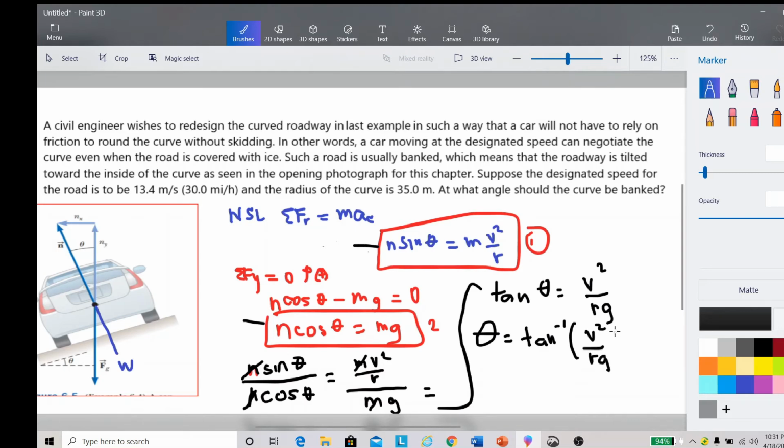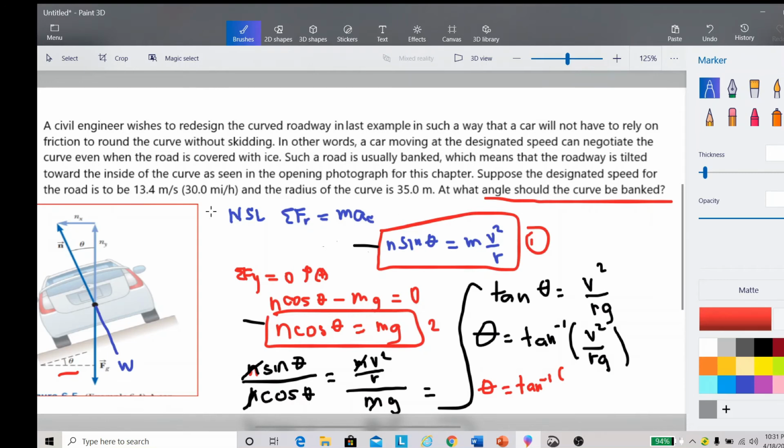So there you are, we have solved this problem. We are asked to find the angle of the curve, this angle here. Theta is equal to the arctangent of v squared over rg.